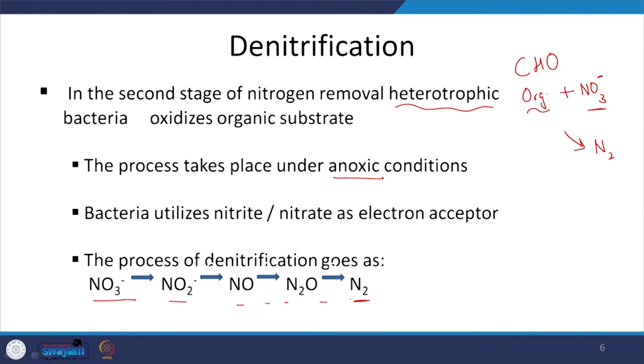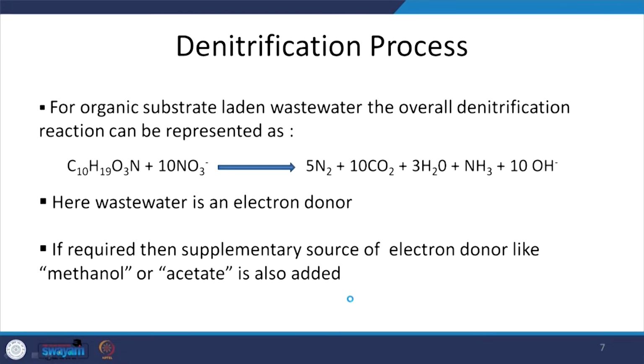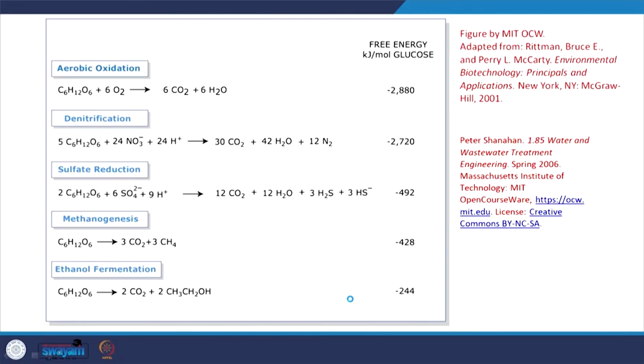Obviously, if there is oxygen, I think we have the relevant table here. We compare glucose, the amount of energy released, and for denitrification, the amount of energy released. As you see, not a great lot of energy, but relatively more energy is released when we have oxidation of the organics by oxygen.